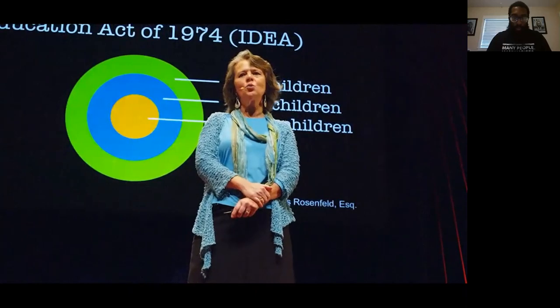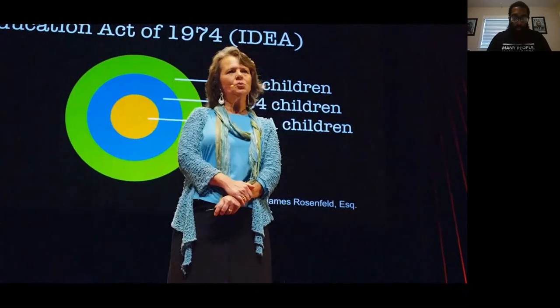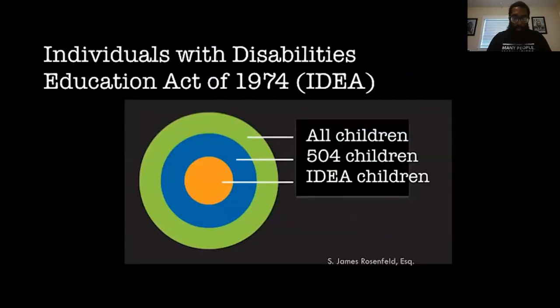It took another 20 years for the Individuals with Disabilities Education Act of 1974 to be passed. That was what finally gave children ages 5 to 21 the educational entitlement for children with disabilities to be educated in the same schools as their peers.